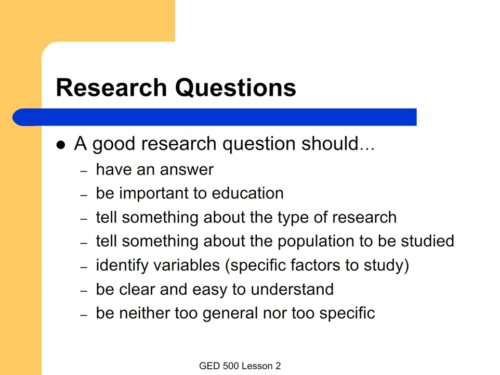And some of you, in your reflections, wrote about how you were interested in qualitative or quantitative research, but really let your question guide that particular methodology. So let your interest area that leads into this question help you to focus on whether you should be doing a quantitative or qualitative study. It should also tell you something about the population to be studied.